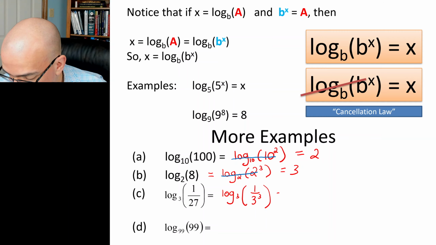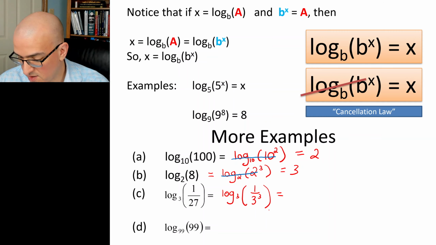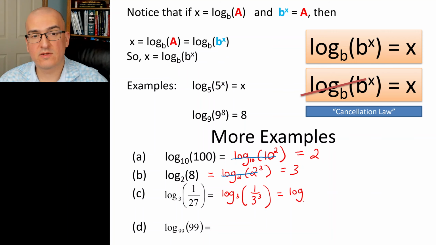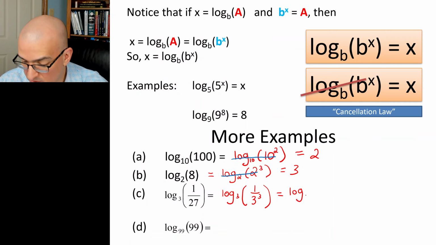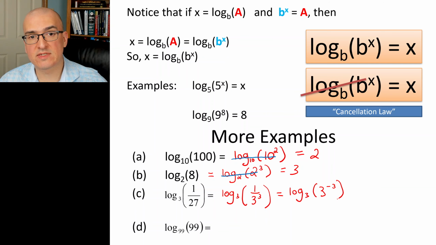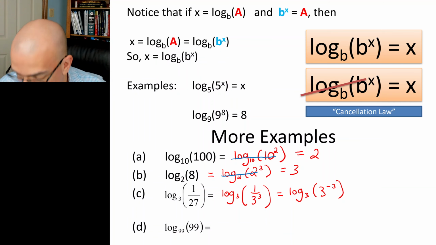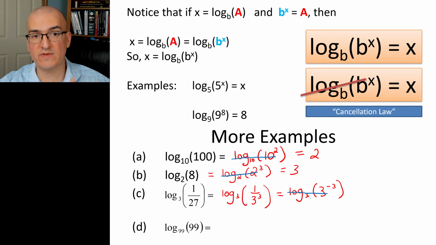The next thing I want to do is use that exponent rule for negative exponents. 3 to the power of 3 in the denominator can be rewritten as 3 to the power of negative 3. Now we have the bases of the log and exponential matching, so we can use the cancellation law. Notice we could not use it in the previous form, with the 1 over 3 to the 3 with a 3 in the denominator. We have to bring everything up in order to use the cancellation law.